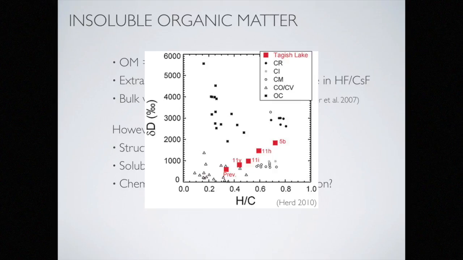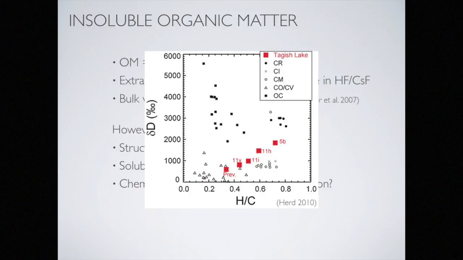This is from a Chris Herd paper in 2010 where he looked at the Tagish Lake meteorite. What's interesting here, the reason why I show this, is that different classes of carbonaceous chondrites break apart into different groups, and these groups form a trend.